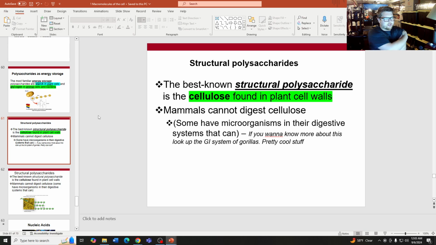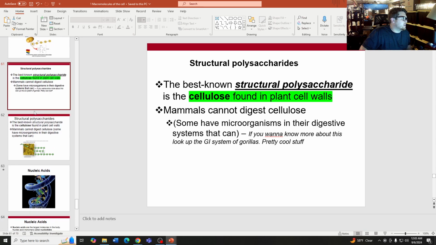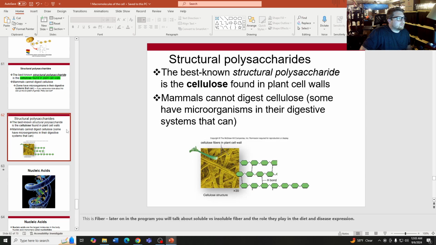Now, this is just an extra thing that I've thrown in there because I think it's really interesting. This is why gorillas are able to sustain an essentially vegetarian diet and still be massive, because their bodies are able to convert all those plants to the correct types of protein. So yeah, it's pretty cool.